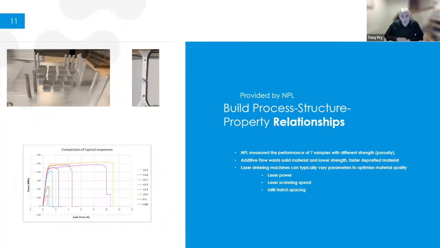So what we did, once we selected those 7 processing conditions, we went through the process of building some impact excitation bars. So these are about 100 millimeter long bars. From those bars, we were able to measure using resonance methods the axial elastic modulus, transverse elastic modulus, and the shear modulus of the material.